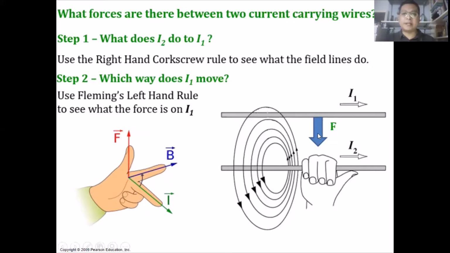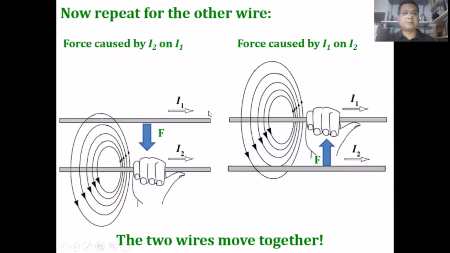So the force will act on the other wire. Be careful if you play with this one. Okay, now repeat for the other wire, L1 and L2. We change the condition.